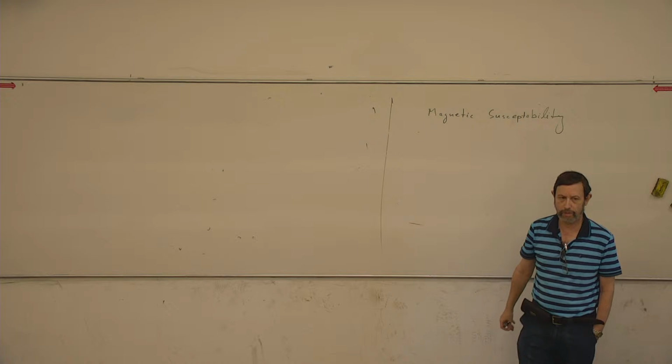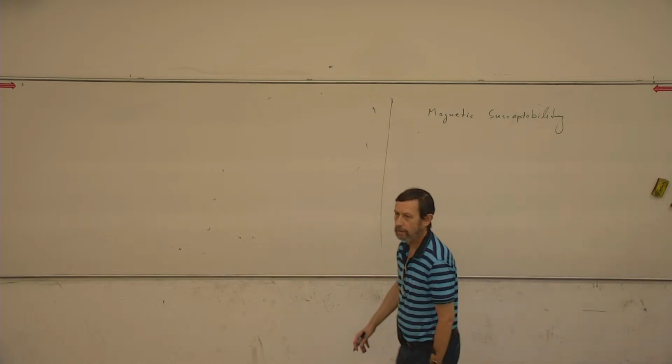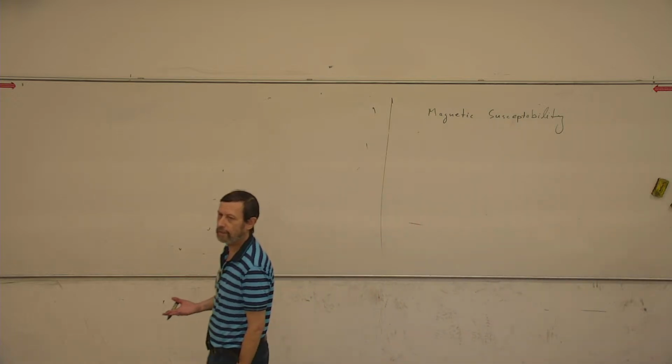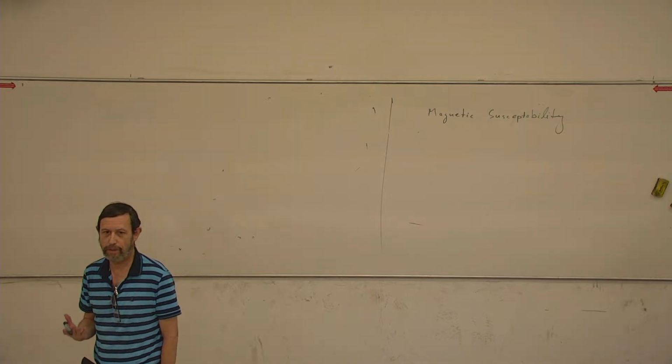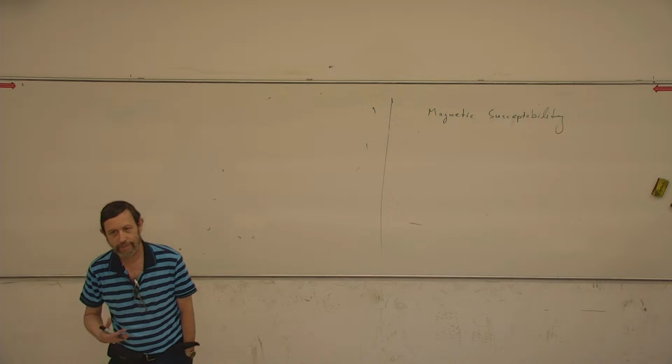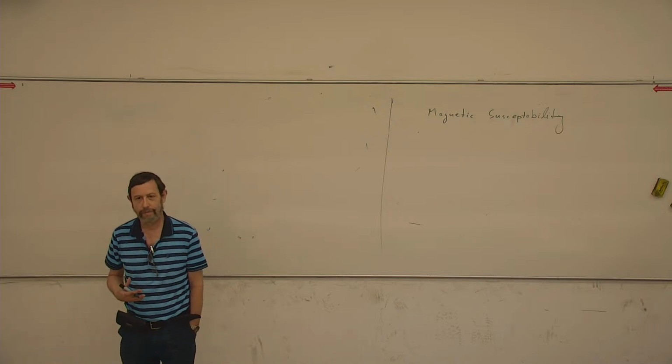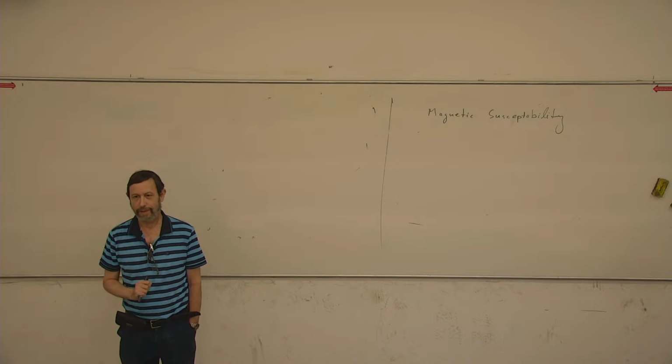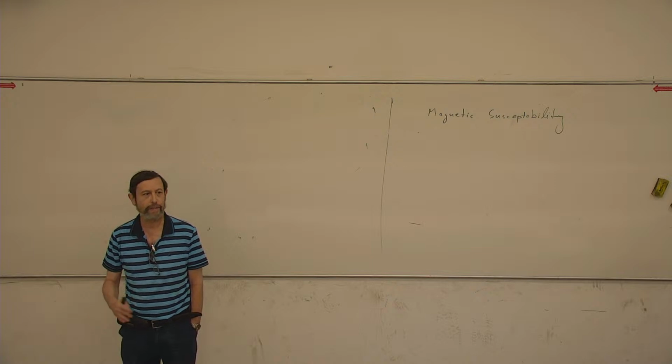Magnetic susceptibility. In general, in physics, what does the name susceptibility mean? The capacity of a material to be influenced by a field, like the response of the material. I like your second part better: the response of a material to an external influence.